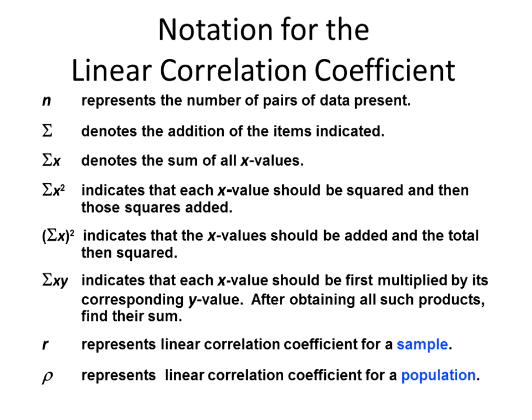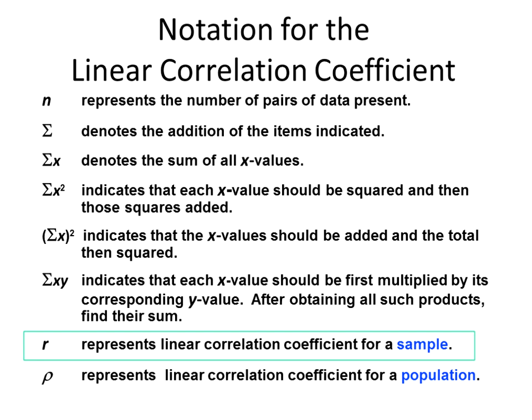Okay. So here's just some notation that you should be familiar with. The new one for you is at the bottom, so that's probably new. In your sample, we use R to represent the linear correlation coefficient. That's what I've been talking about. But in your population, you use the Greek letter rho. Let me write it down so you know what I'm trying to say.